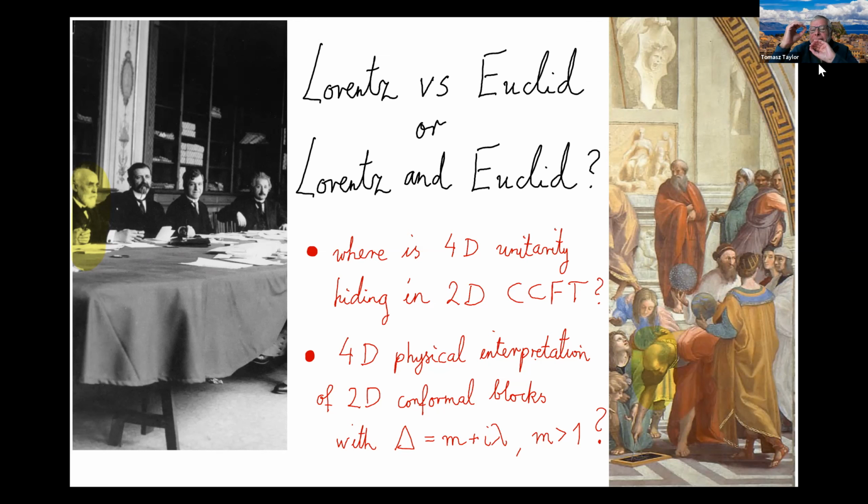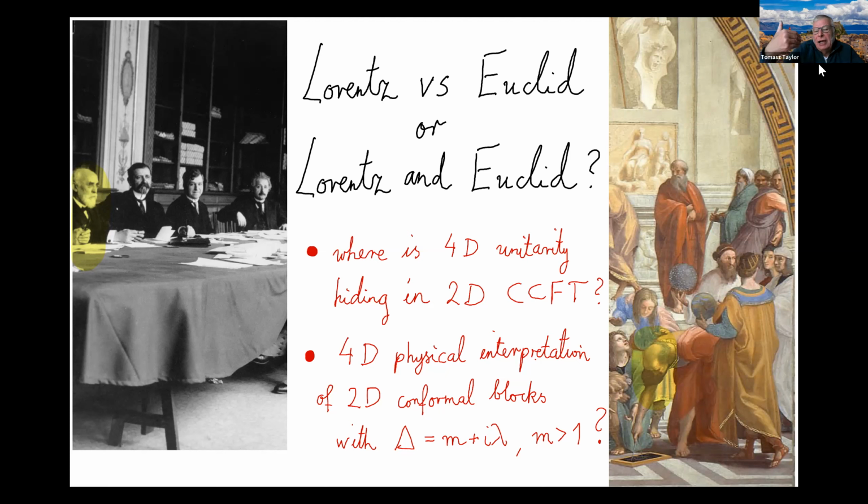So it is a very important question to understand how these basic properties of four-dimensional theory are hiding or are implemented in two dimensions. Yes, and we would like to get some new information about four dimensions by using this two-dimensional approach.